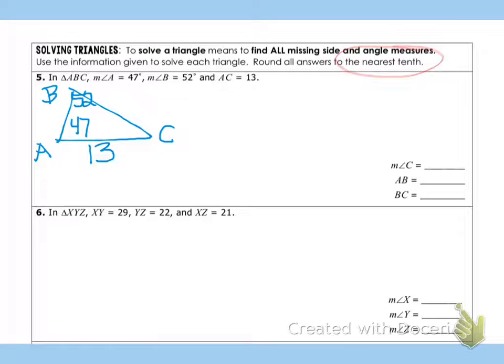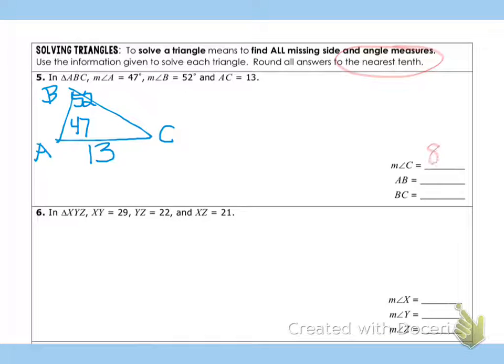And so right away, I've got to find all the missing parts anyway. So it doesn't really matter what I find first, but that missing angle C is really easy to find, so might as well knock that one out. I know that it's the rest of 180. So if I take the 52 and the 47 away from 180, I end up with 81 degrees.